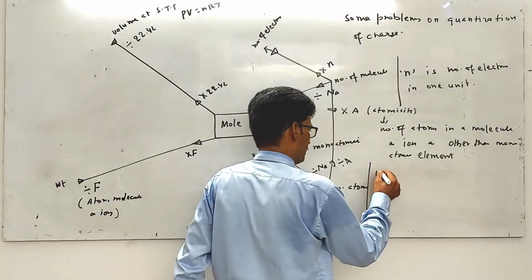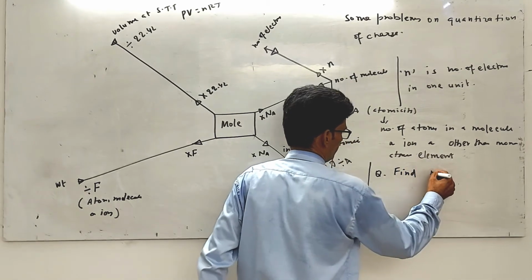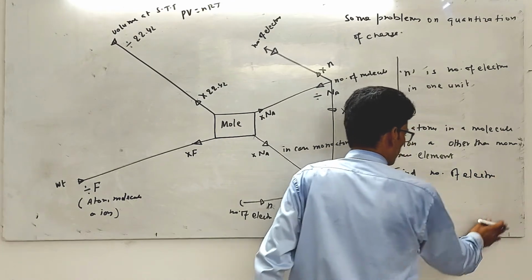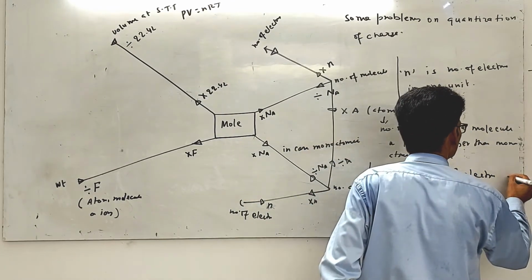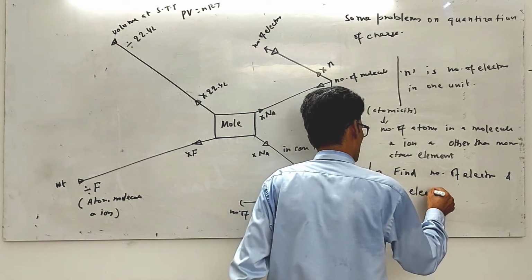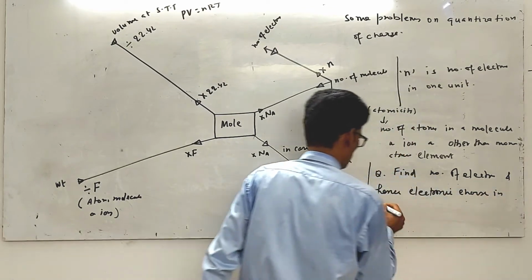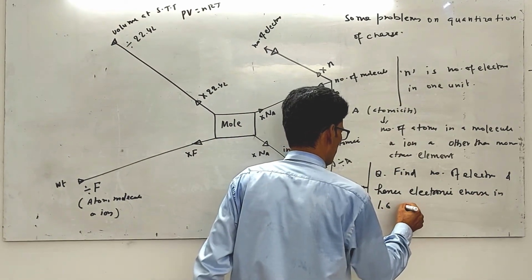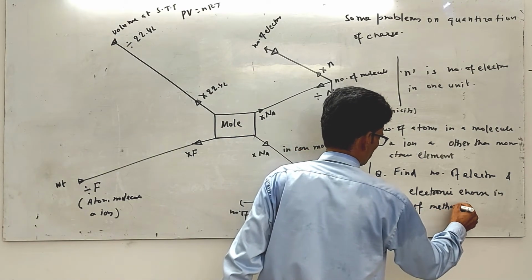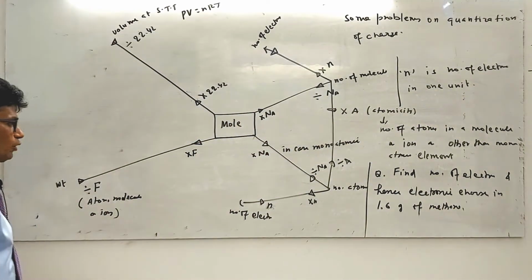The question is: find the number of electrons and hence the electronic charge in 1.6 gram of methane.